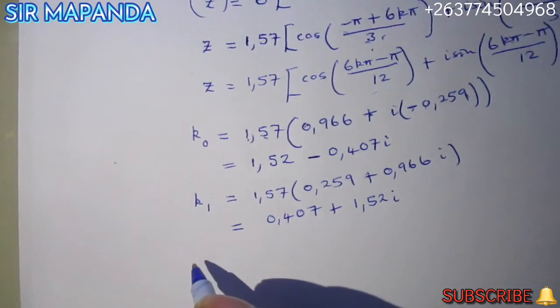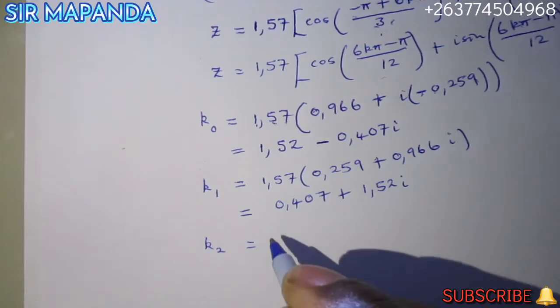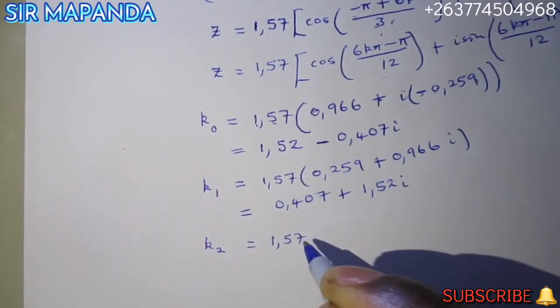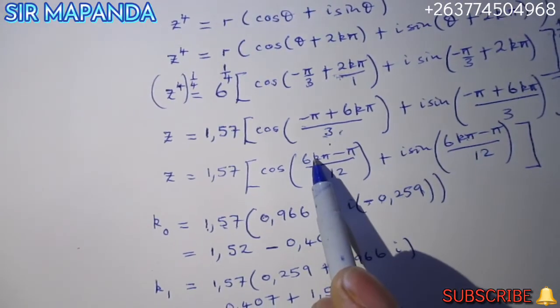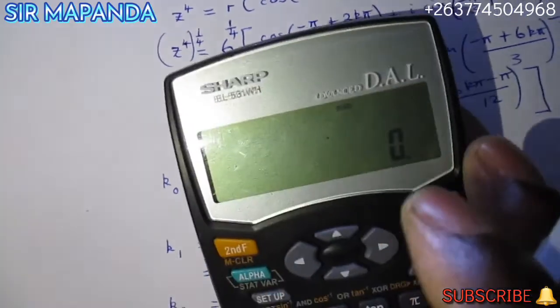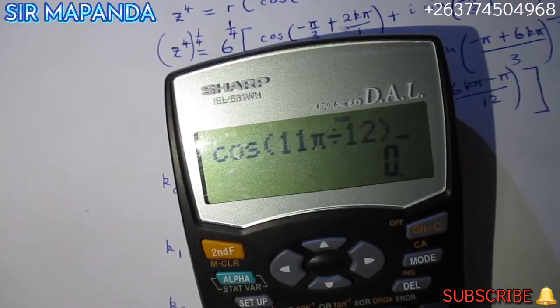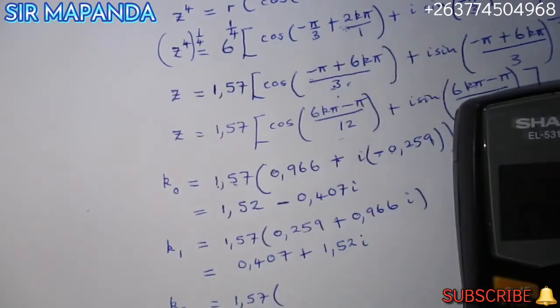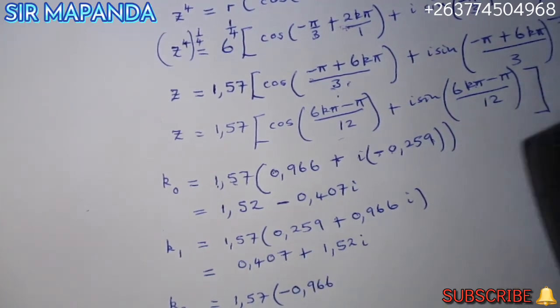Right. We move on to k equals 2, which is our third root. So you start by writing 1.57 first, then you put open bracket. We now want to find the third root when k is 2. So if you put 2 on k, you get 12 pi minus pi, which gives you 11 pi over 12. So cos 11 pi divided by 12 gives you minus 0.966.